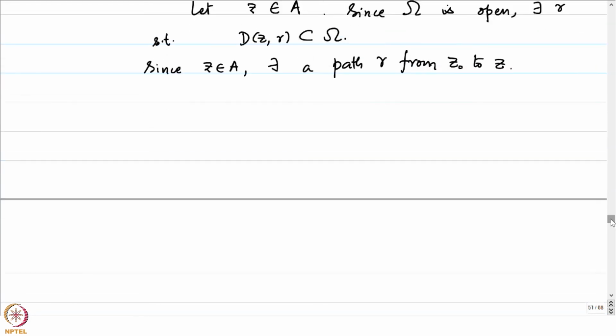If you look at the disk of radius r around z in the complex plane, that is contained in omega because omega is an open set. We certainly have one such r. Now, for any w in D(z, r), consider this particular path.